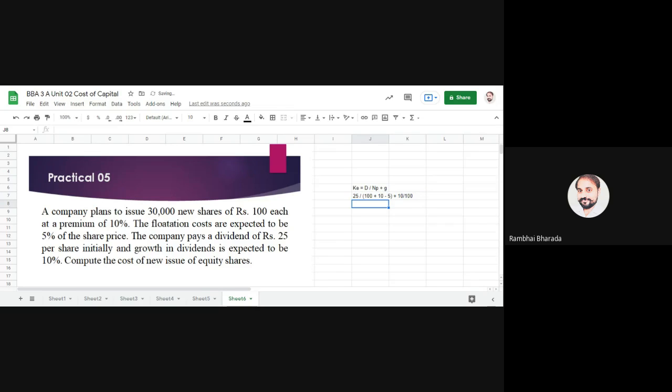So ultimately 25 upon 105 plus 0.10. Can you tell me the answer? 25 divided by 105?